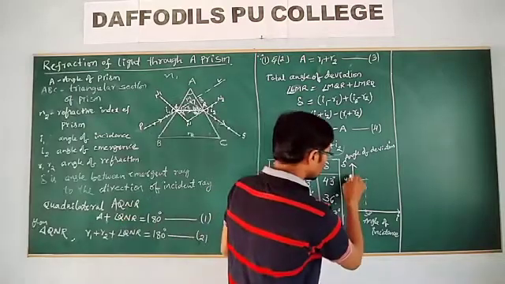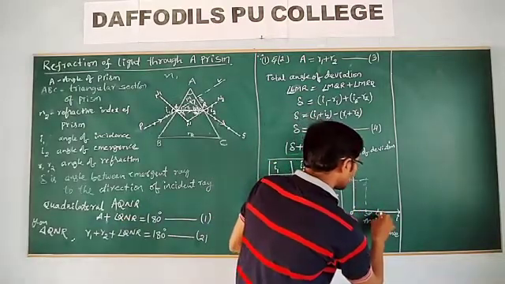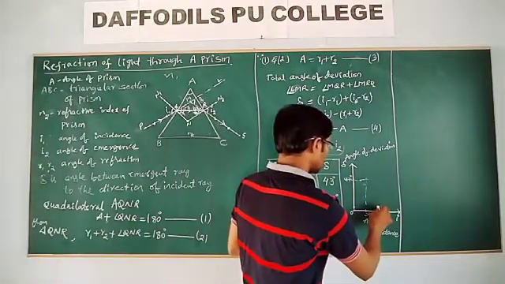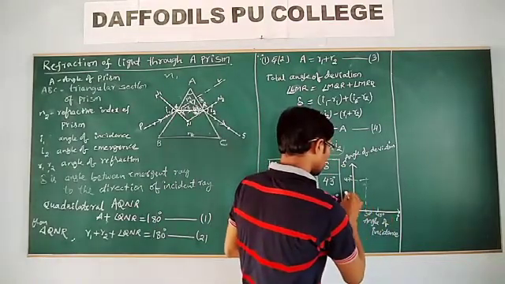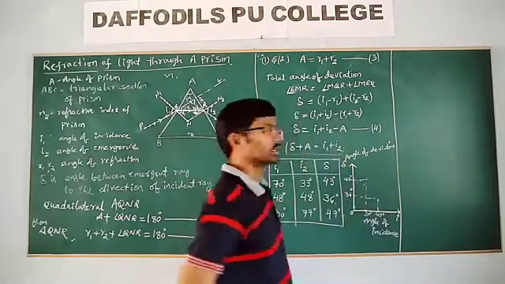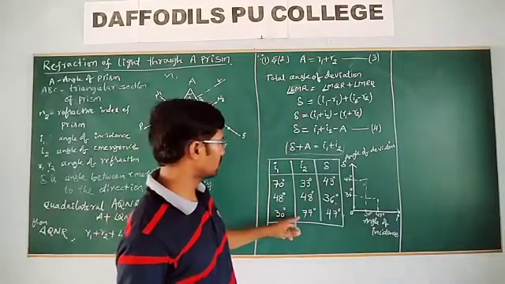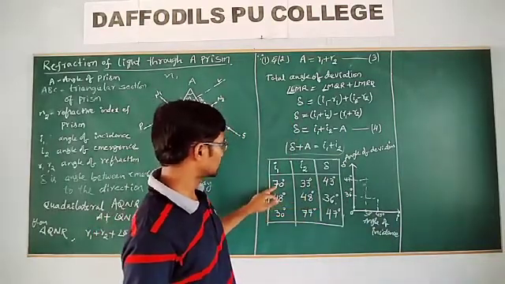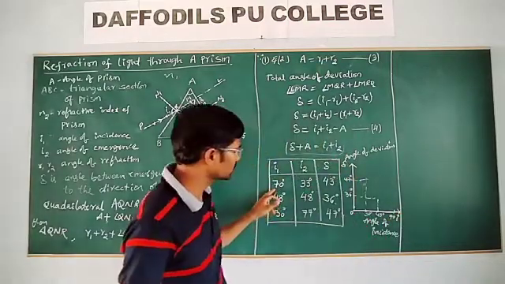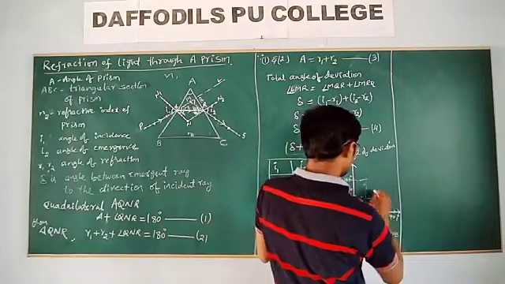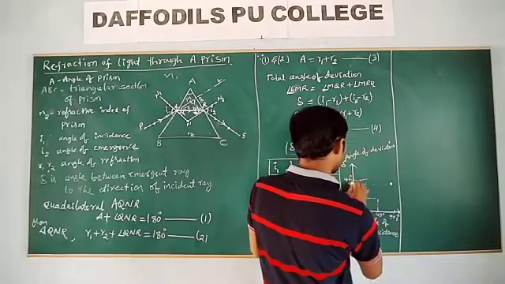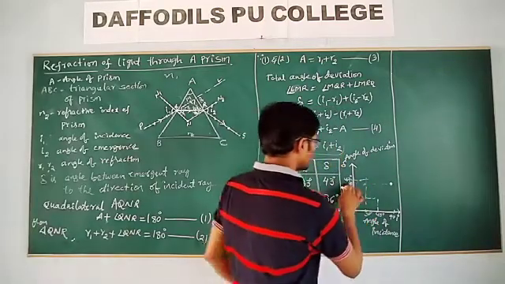Let me show here for 48 degrees, the deviation is 36 degrees. Again for 70 degrees, what is the angle of deviation? 43, which is less than 47. Let me mark 43 here.